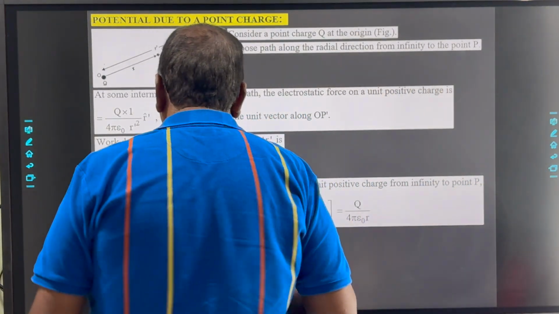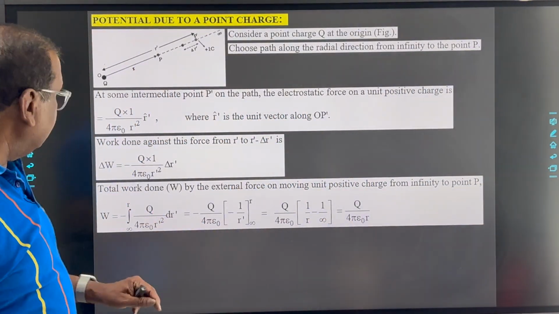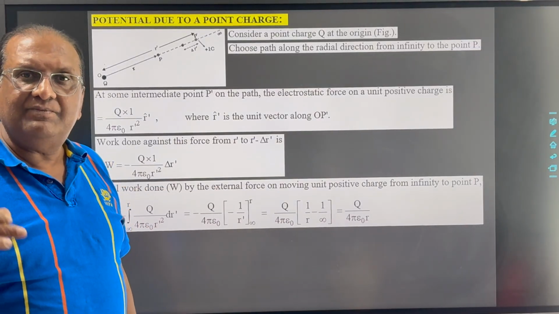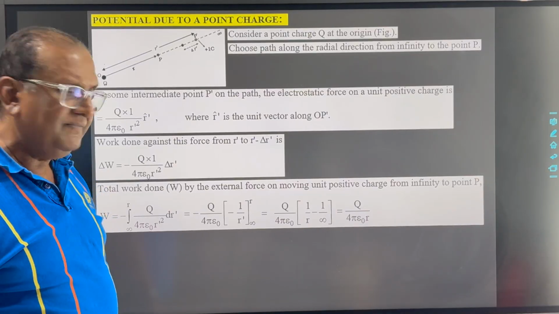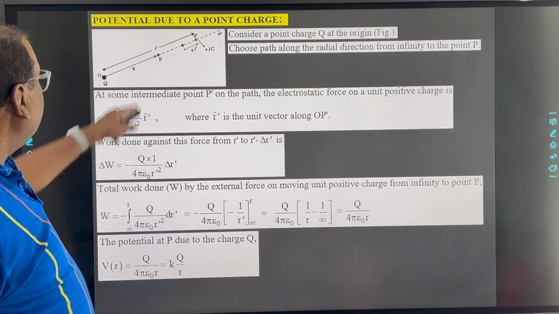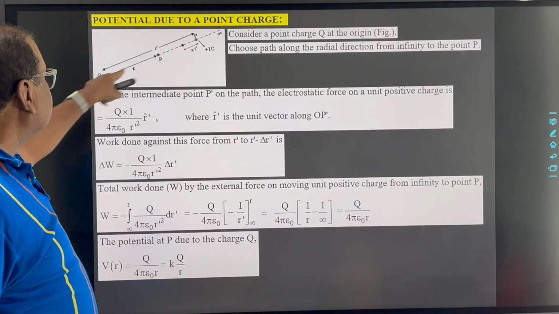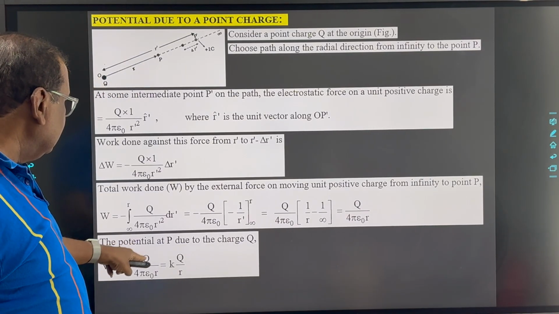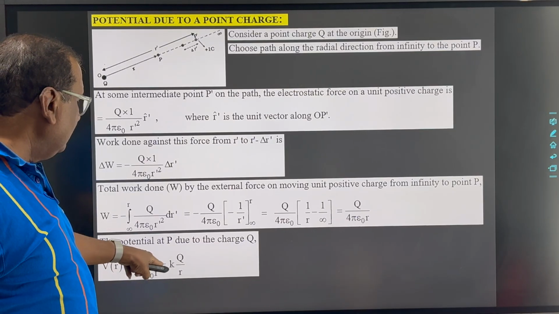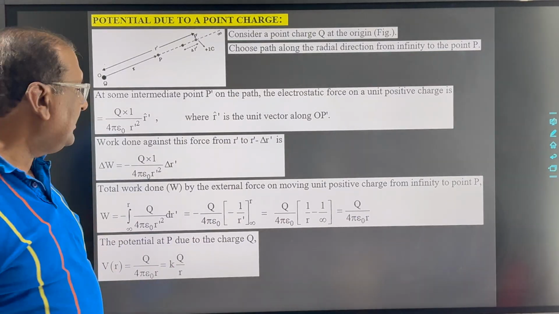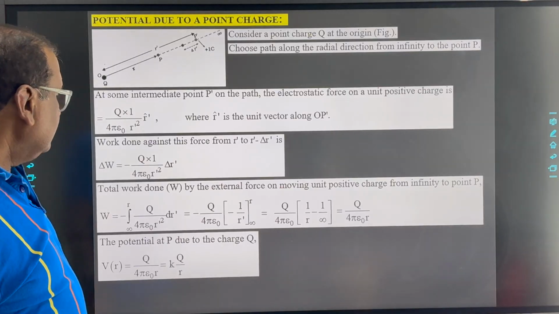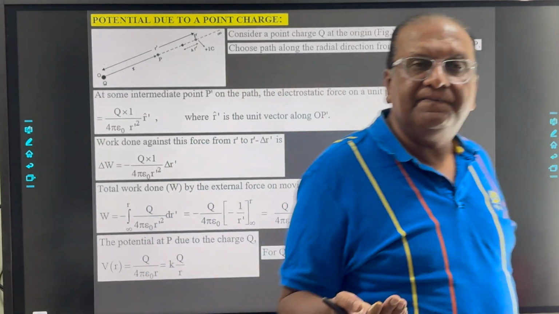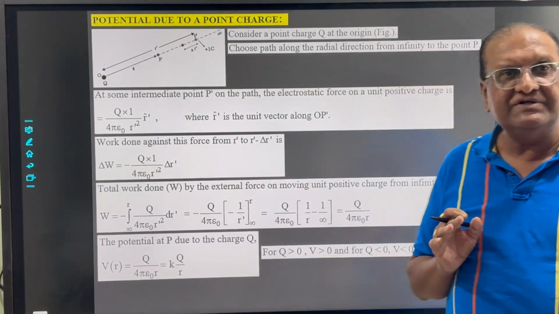But as per definition of electric potential, this work done, that is called the electrostatic potential at that point. So electrostatic potential at point P at distance R from this source charge, V at R, that is Q upon 4 pi epsilon 0 R, or we can write kQ upon R. So here, if Q is positive, then potential will be positive.